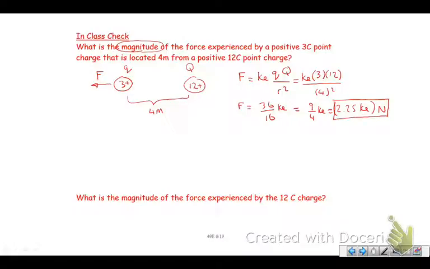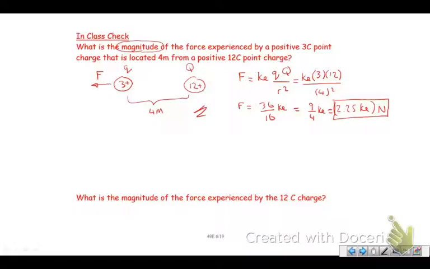What is the magnitude of the force experienced by the 12 Coulomb charge? So what's this going to be? Just tell me. Same. Remember Newton's, which law was it? First, second, or third law says the action force is equal to the reaction force. Yeah, Newton's third law.